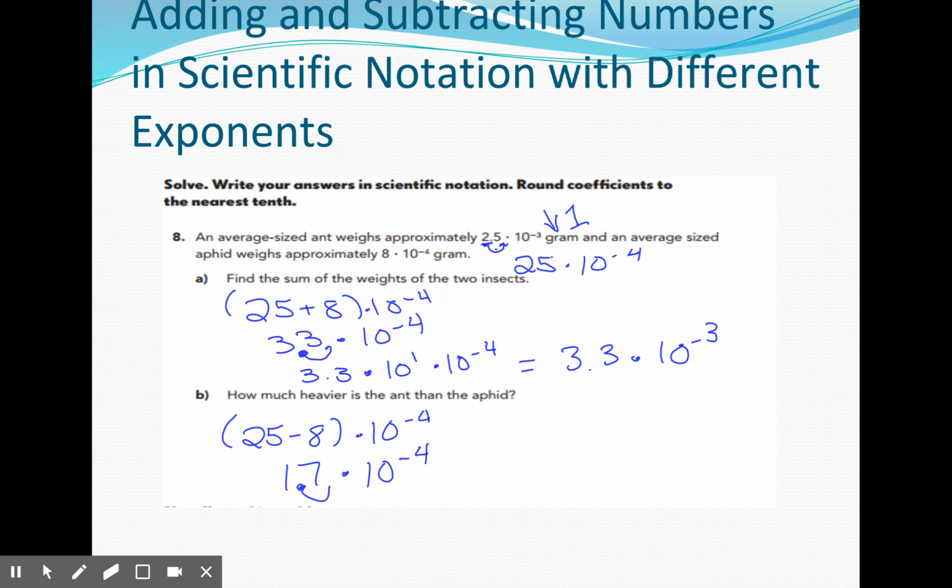I'm going to bring that decimal over 1 again, so I get 1.7 times 10 to the first power because I moved my decimal, times 10 to the negative fourth power, and I get 1.7 times 10 to the negative third power.